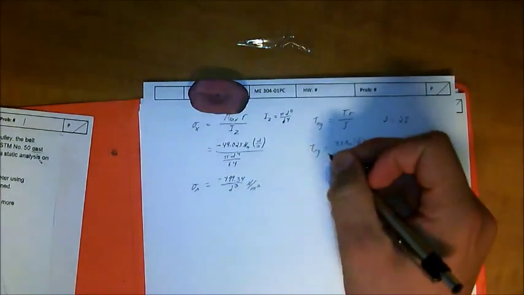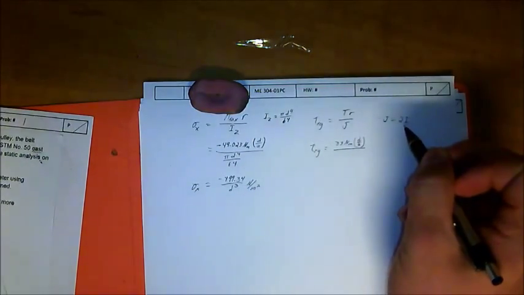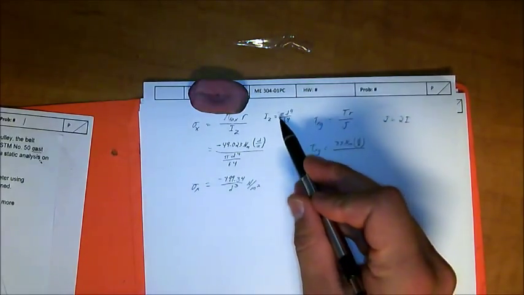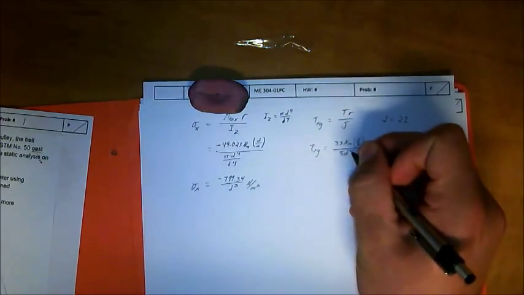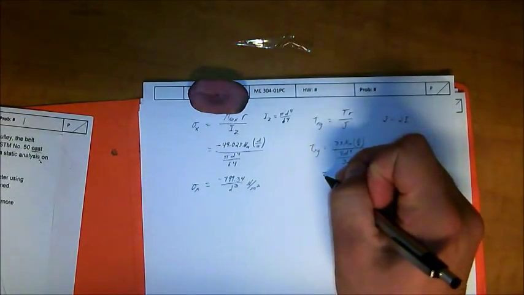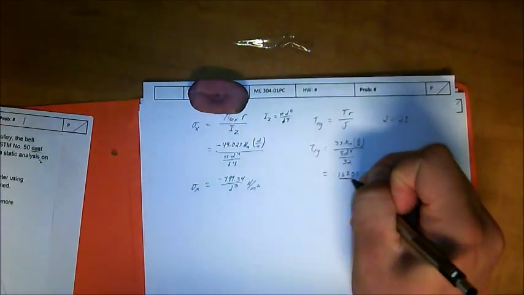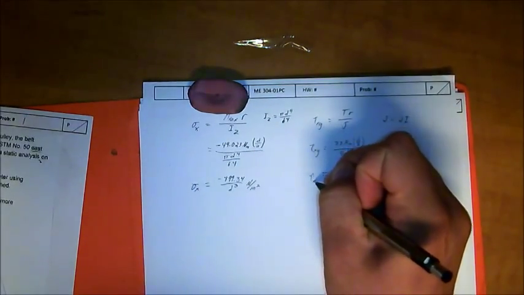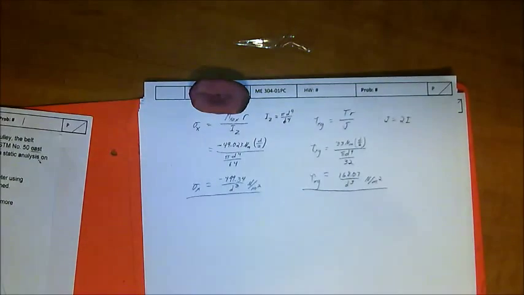And again, d over 2 over J, which is equal to I times 2. So it's just basically 2 up here, and so that turns into 32. So it's pi d to the 4th over 32, which equals 168.07 all over d to the 3rd newtons per meter squared is equal to tau xy. Underline those because you're going to use them here.